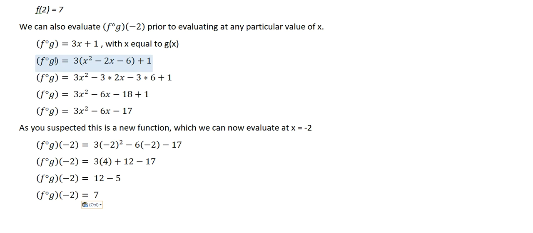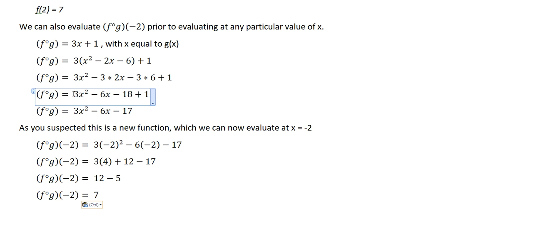Okay, so the composition of f and g is equal to 3 times, and there it is, the function g of x, x squared minus 2x minus 6, plus 1. Let's go ahead and distribute that 3 into all the terms inside the parentheses. So 3x squared minus 3 times 2x minus 3 times 6, and then of course the 1 was outside the parentheses, so that's left alone.